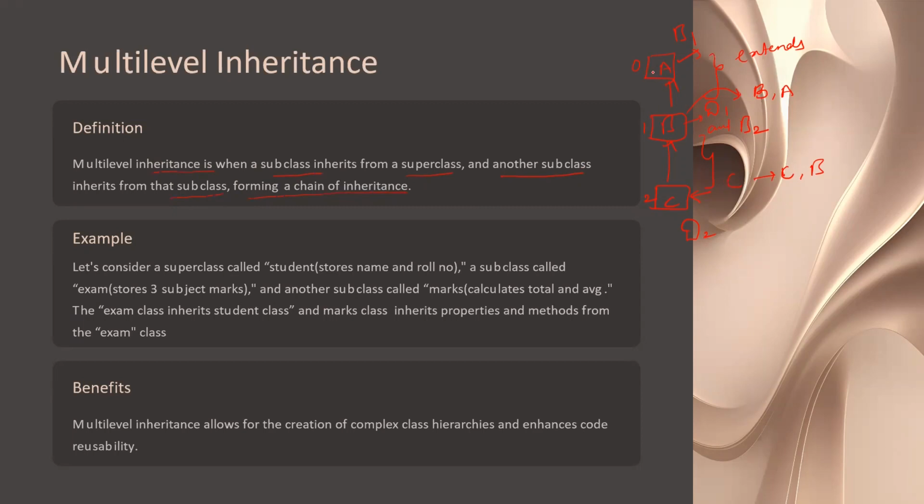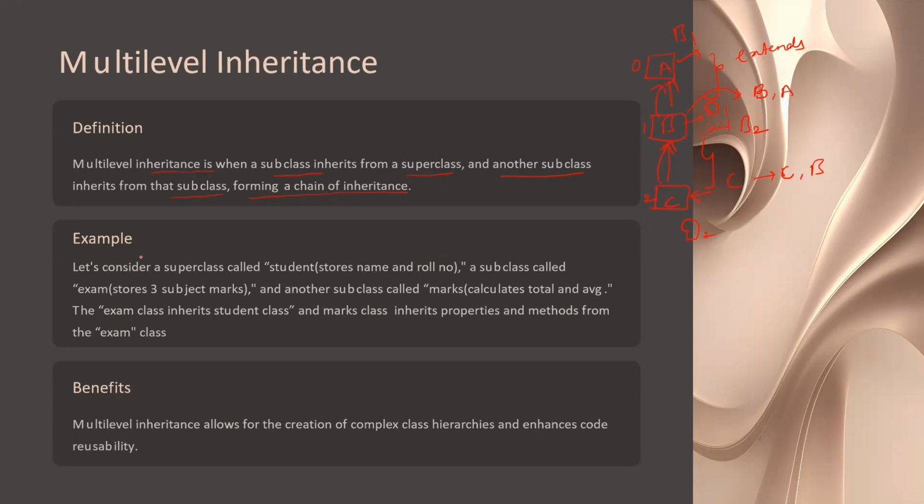You can see this is more clear for you. A subclass is inheriting from your superclass and another subclass is inheriting from that subclass. This is a chain of inheritance. I'll give you one example. Now it is clear for you what multi-level inheritance is. Let's go with the program.